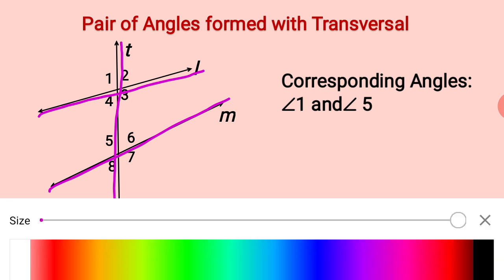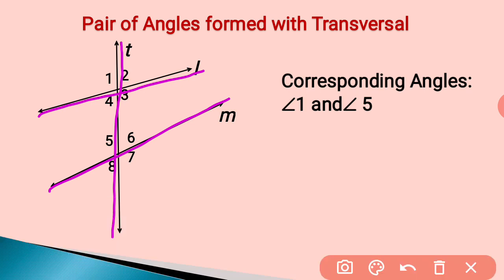Now if I talk about angle 1 and angle 5, I can say that they are on the left side of the transversal. I am taking the transversal as the partition. So 1 and 5 are on the left hand side of the transversal and they are above the given 2 lines. So left above, that is angle 1 and angle 5. So they are corresponding angles.